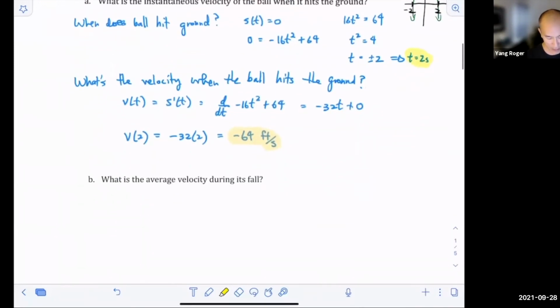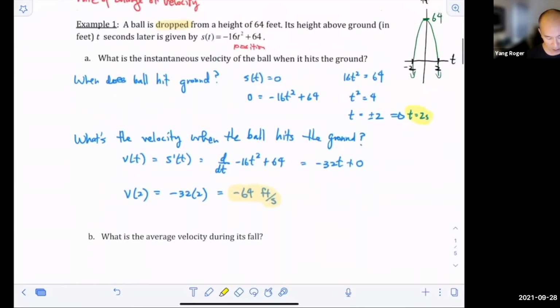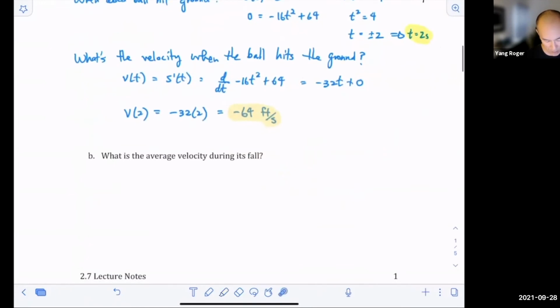What I want to talk about next is part B. What's part B about? Average velocity. When you see the words average velocity, is there anything that you think of? You wouldn't think of the slope of a tangent line, because that's instantaneous velocity. So what do you think of when you see average velocity?